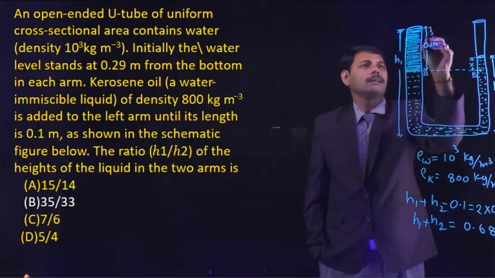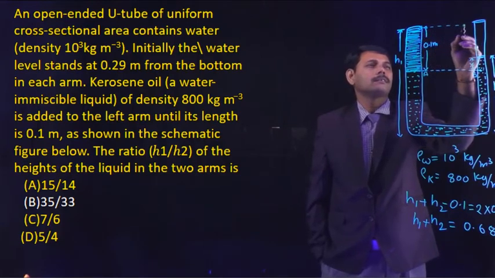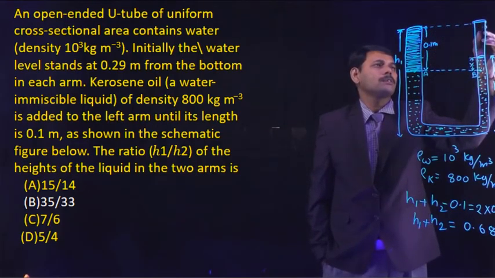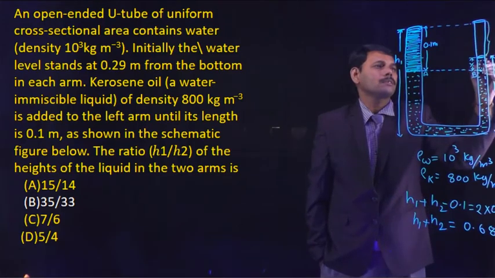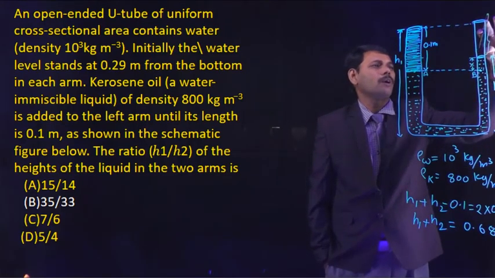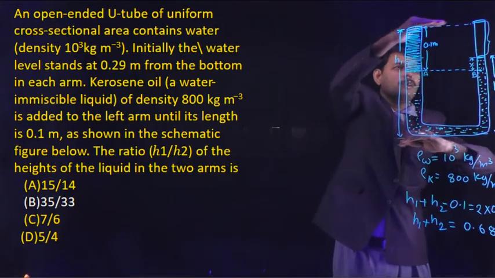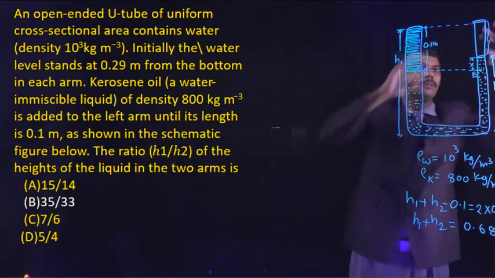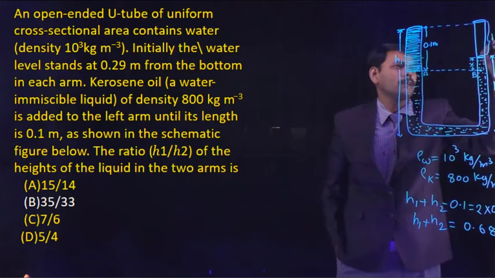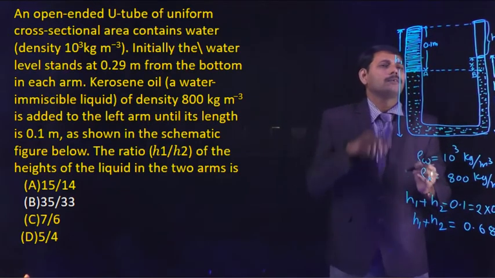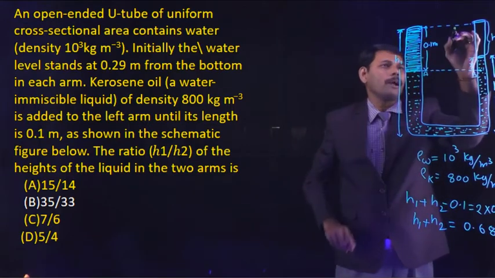Draw the line here. Simply, we understood this part is H1 minus H2, because this level is H1 and this is H2. So this one is equal to 0.1 meter.